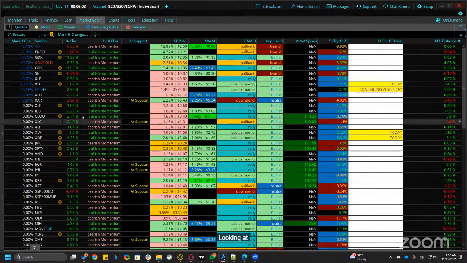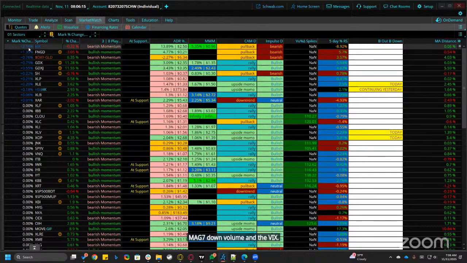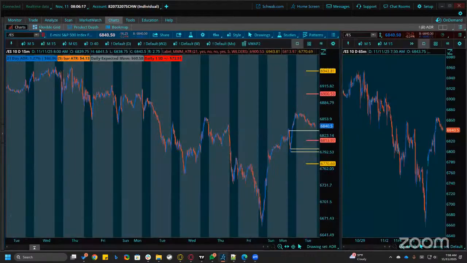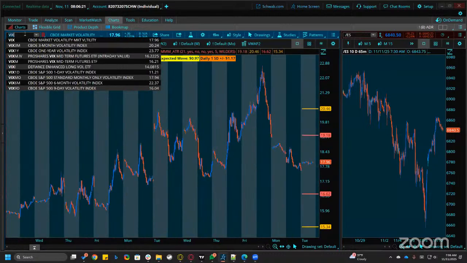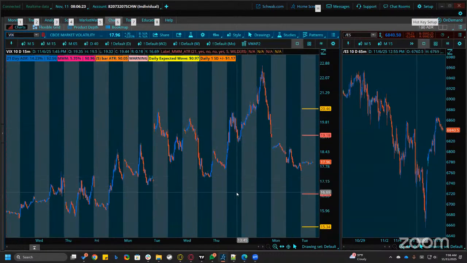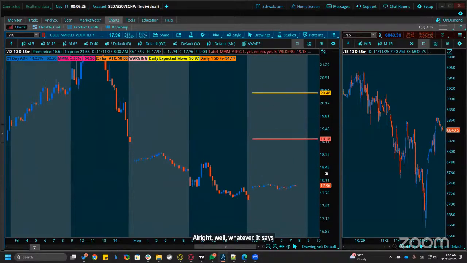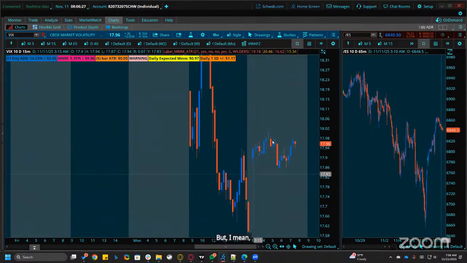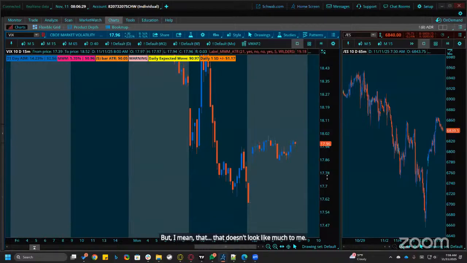Looking at what's up today, gold miners and Mag 7 down volume and the VIX. All right, well, whatever. It says it's up, but that doesn't look like much to me, right?